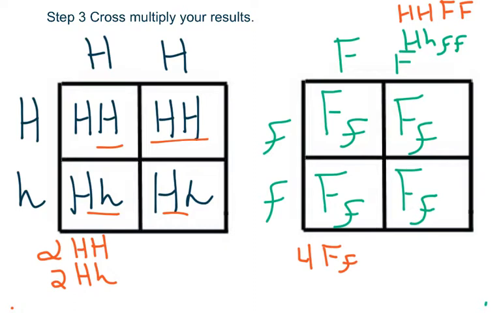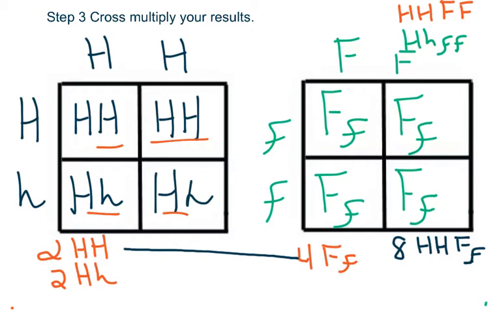Okay, so now what you're going to do is step 3. You have to cross multiply your results. So how I'm going to do that is, see how it says 2 capital H, I'm going to then multiply it with the 4 capital F, lowercase f's. So that would be 4 times 2, that's 8. Capital H, you're just going to then put them together. Big F, lowercase f. Then I'm going to do the same thing with the next genotype.